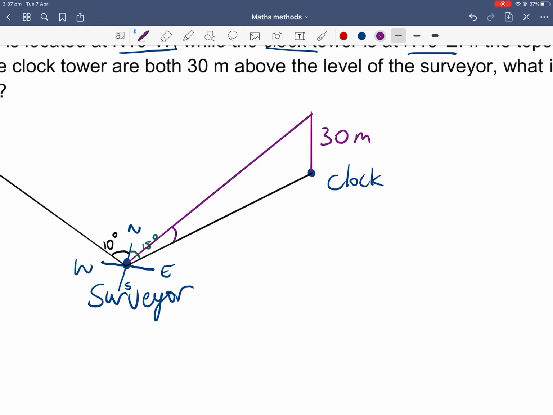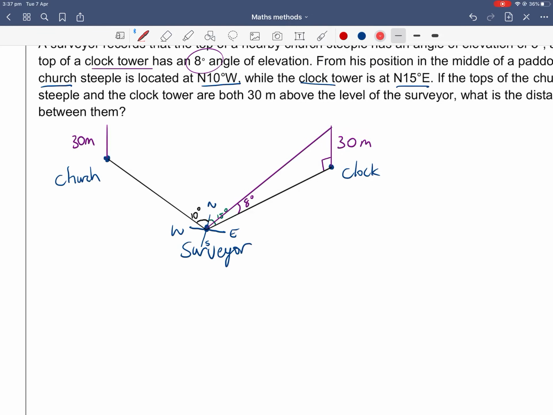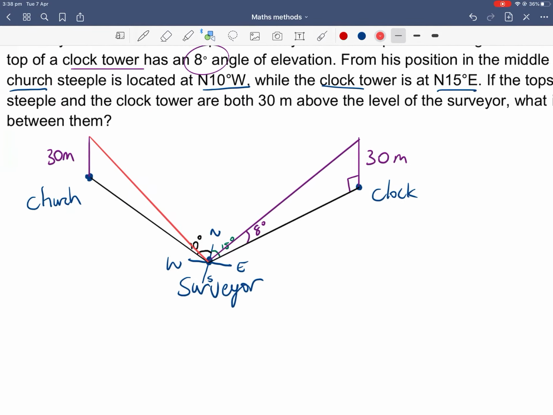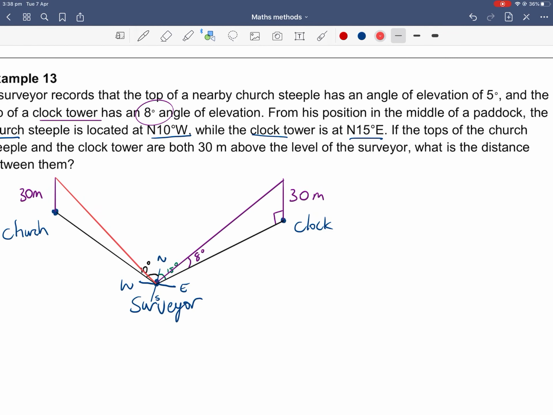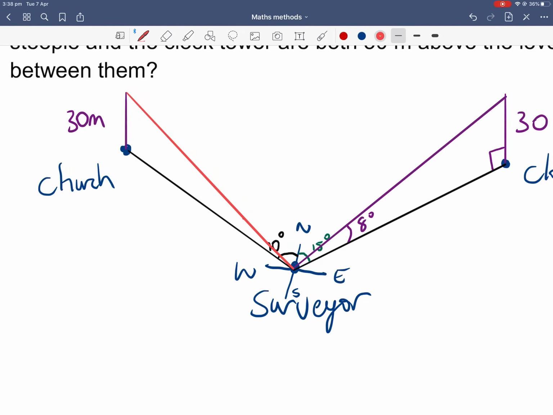So what I do know is, from the floor, the surveyor looks up a turning of 8 degrees. And we're assuming that the clock is perpendicular to the floor. We don't really want a leaning clock. And similarly, let's do a similar drawing for the top of the church to the surveyor. If we connect the top of the church with the surveyor at the bottom of the ground, the angle of elevation of the church is 5 degrees.